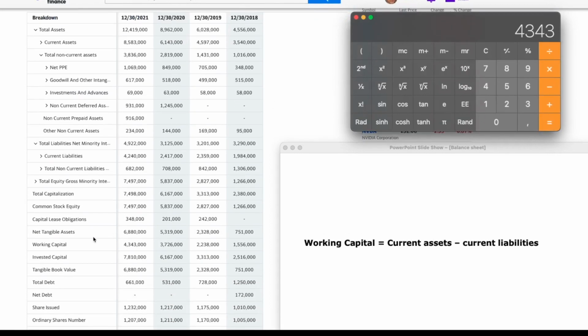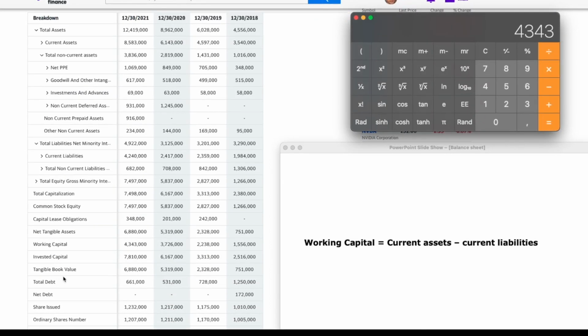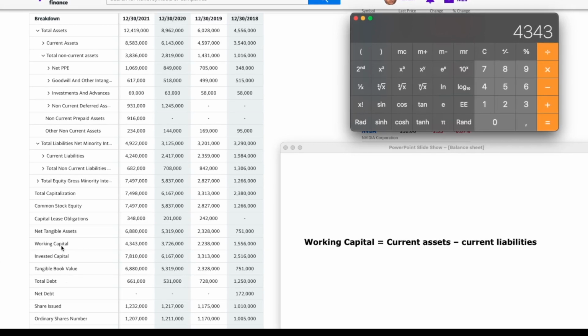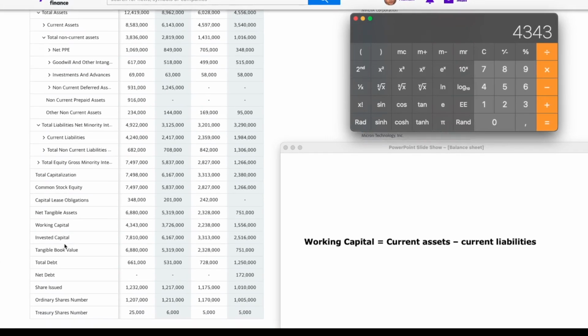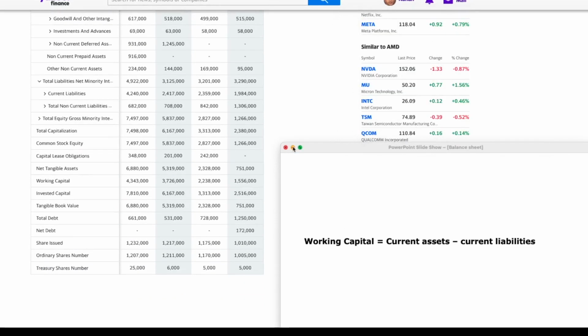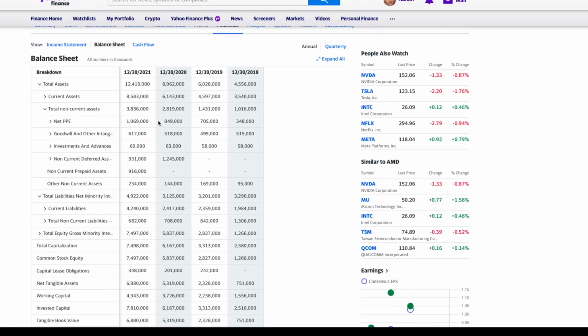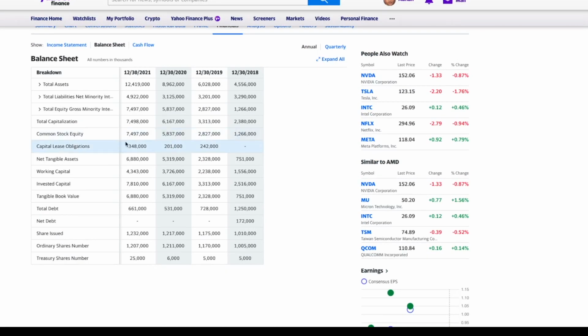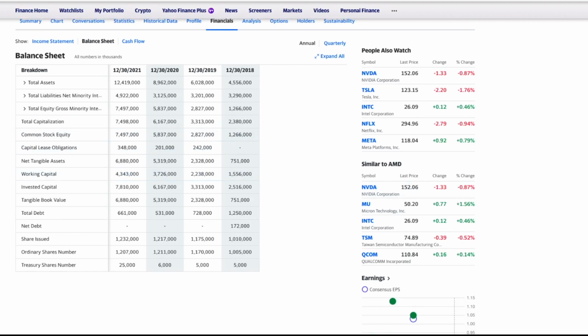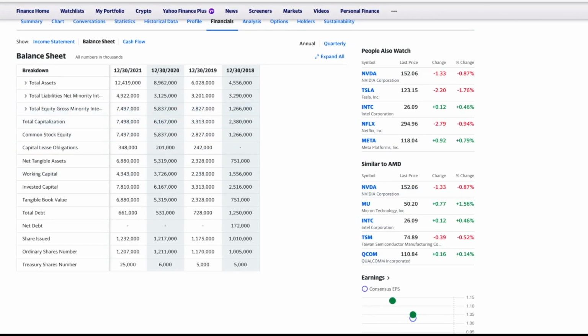So we end up with the working capital of $4.3 billion. These are mostly the terms investors talk about when describing a company. And now that we have seen all these terms, let me collapse this, and look at what we have to look for when we are trying to invest in a company.